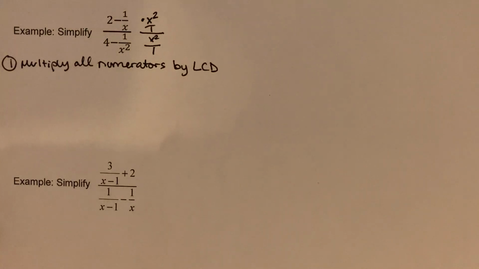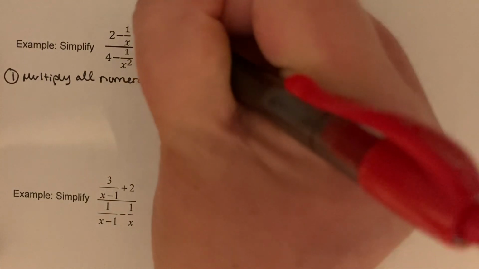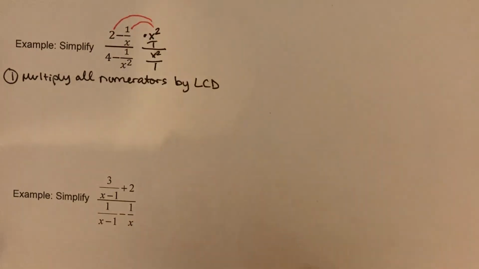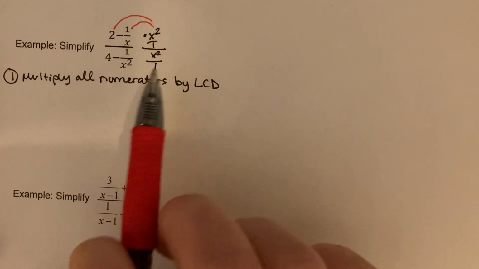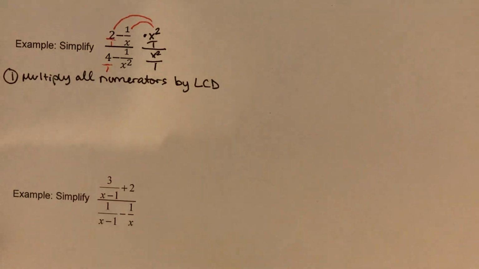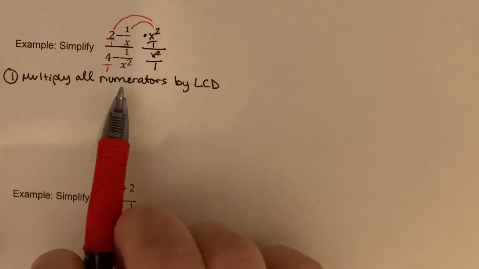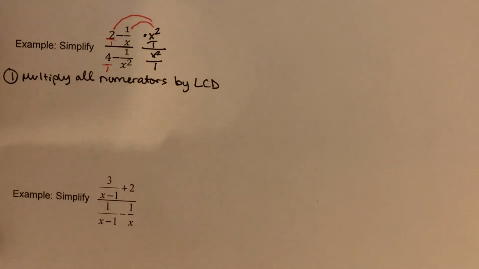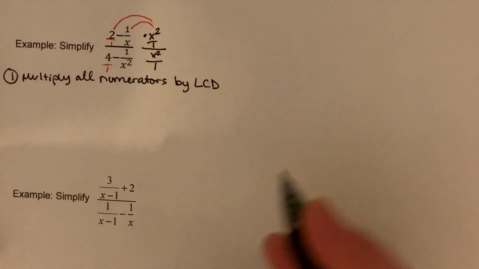But we have to remember, it's not just the fractions we're multiplying, it's every term on both the top and the bottom. And if it helps, you can put the 2 over 1 and the 4 over 1 to remind yourself that we're multiplying all numerators, and that includes these whole numbers too.